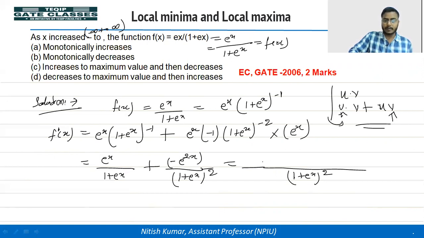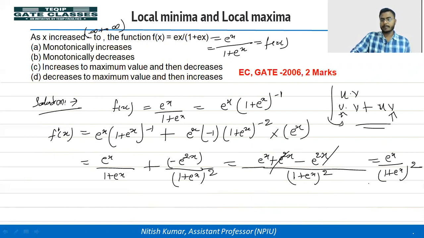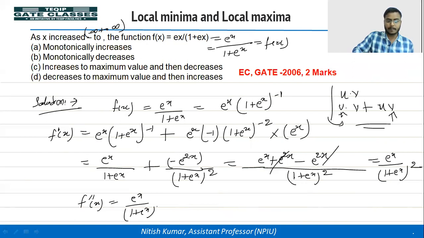So this would be e to the power x plus e to the power 2x minus e to the power 2x. This would be cancelled. We can write e to the power x divided by (1 plus e to the power x) square. So the expression we are getting here for f dash x is e to the power x divided by (1 plus e to the power x) square.